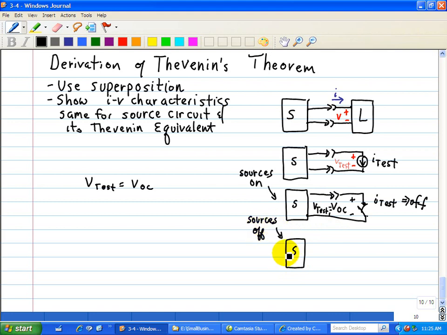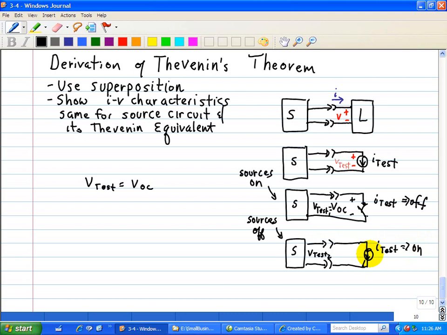Now let's redraw this circuit where the sources are off. We turn off all the independent sources, voltage and current sources in the source circuit, and we turn everything off. That's going to give us a corresponding voltage, V test 2. And then we replace the I test with a current source, so the I test is on.